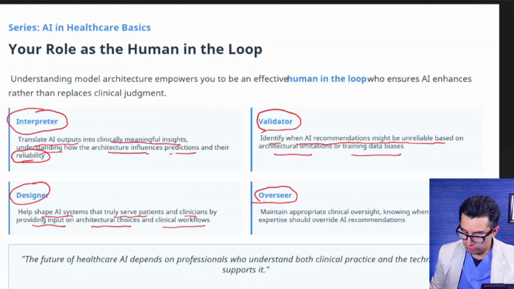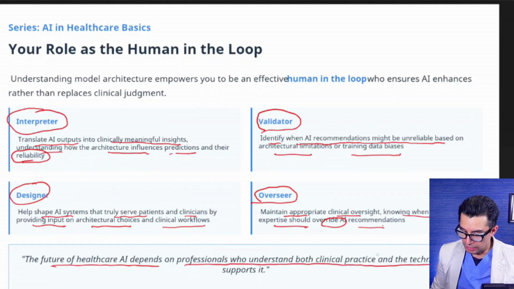So all of these roles are fairly important. Maintain appropriate clinical oversight because this has to be continuously done even after rollout, especially after rollout, and knowing when human expertise should override AI recommendations. So just want to quote over here, the future of healthcare AI depends on professionals who understand both clinical practice and the technology that supports it.